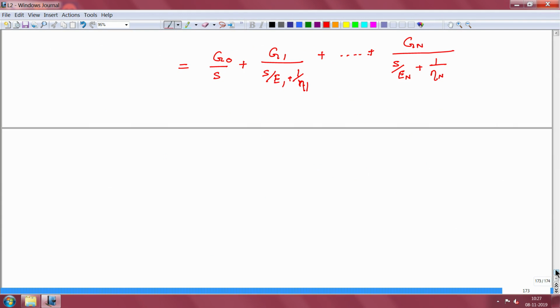So, we have n plus 1 constants, where these are all new constants that we have introduced. So g naught all the way till g n are constants that have to be determined.